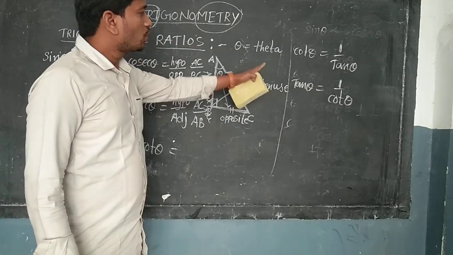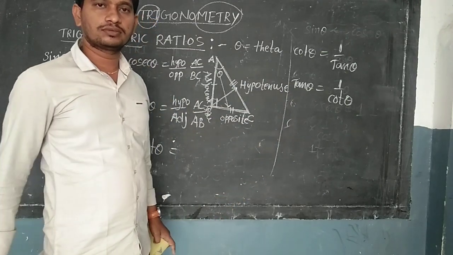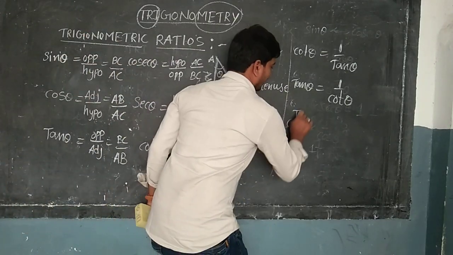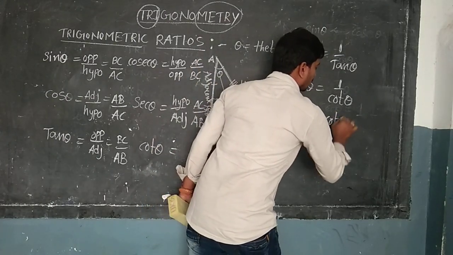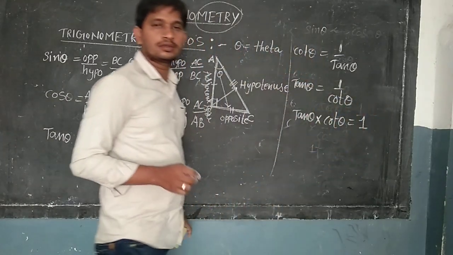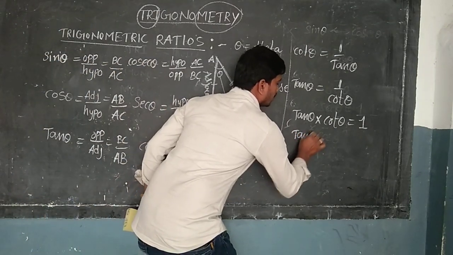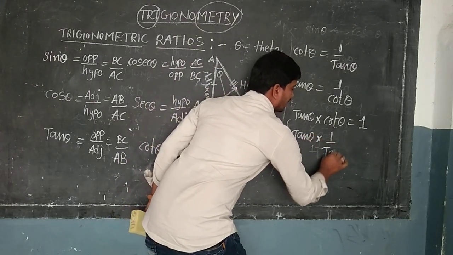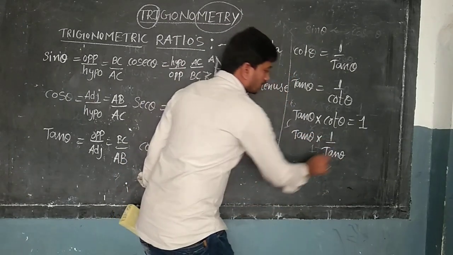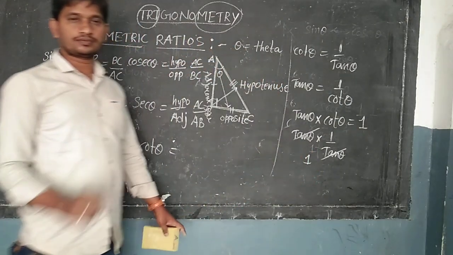I mean both tan theta and cot theta are reciprocal to each other, so I can write tan theta into cot theta equal to 1. Here also tan theta into cot theta, I can write 1 by tan theta. Tan theta gets cancelled, I get 1.